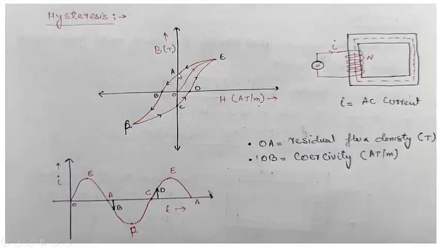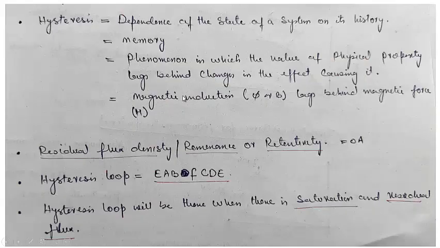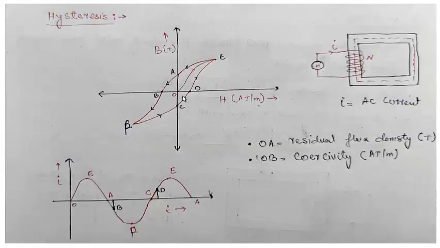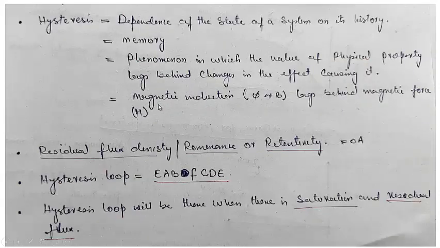This B lags behind the actual quantity which causes it to change. So magnetic induction, phi or B, lags behind the magnetic force H. That is what hysteresis means.